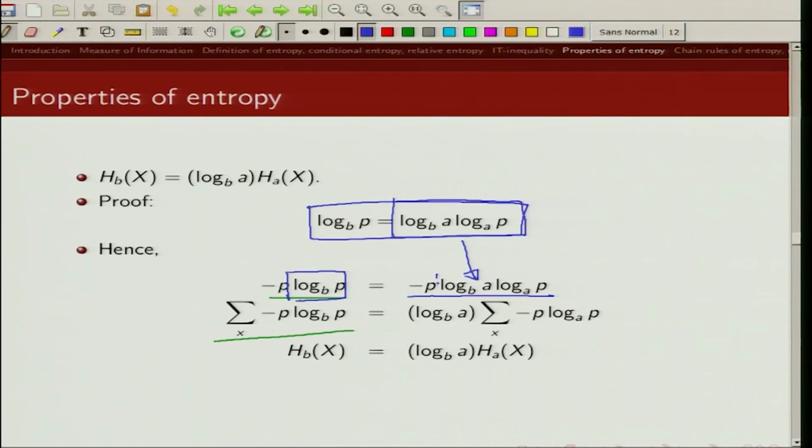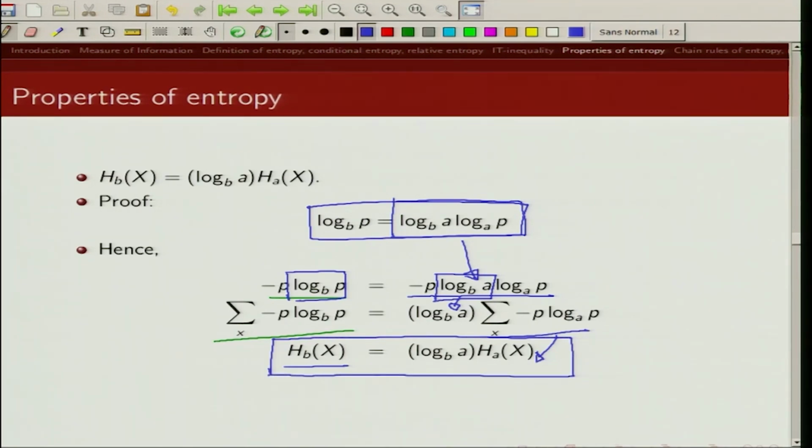Please note this quantity log of A to the base B does not depend on x, so I can take this out. So what I get here is minus P log of P to the base A. This quantity will be entropy computed to the base A, and this is entropy of x computed to the base B. So this is a relation governing entropy computed to base B and A.